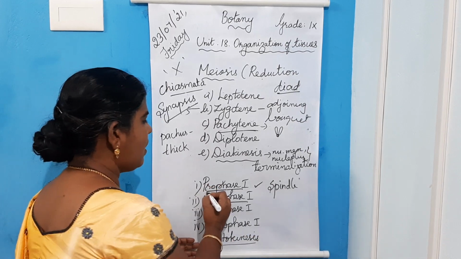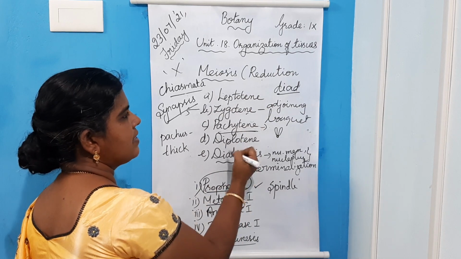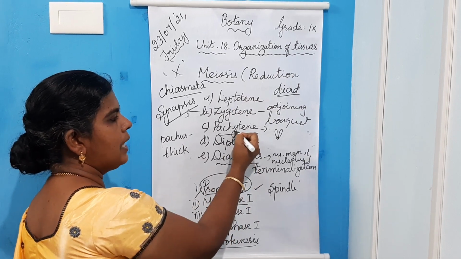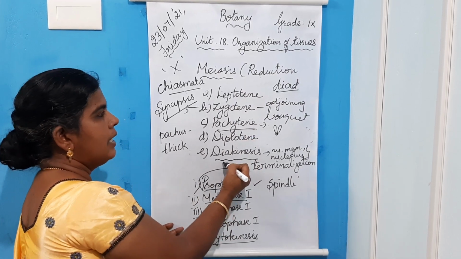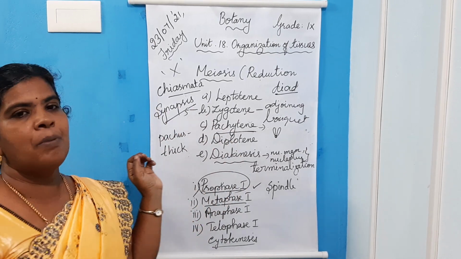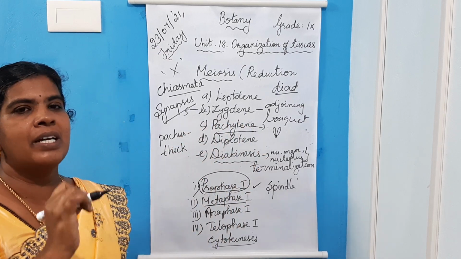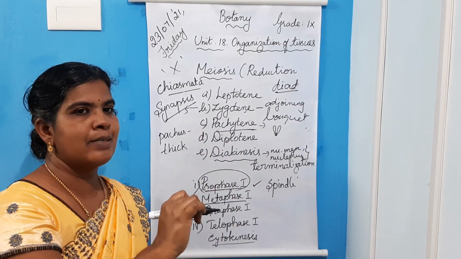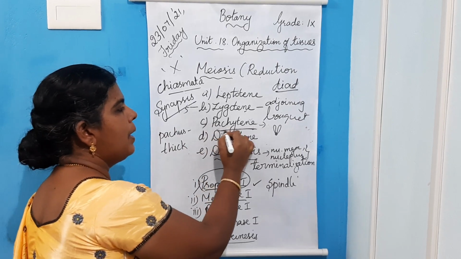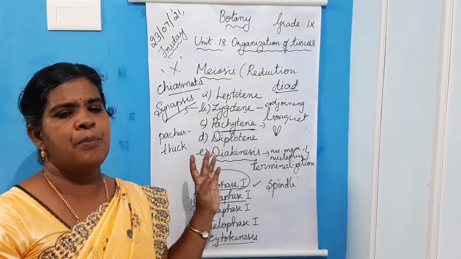Prophase 1 is the longest phase and includes 5 phases: leptotene, zygotene, pachytene, diplotene and diakinesis. Genetic recombination, crossing over and formation of chiasma take place in the pachytene stage, so it is important.